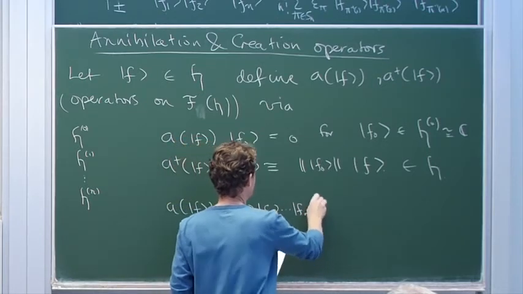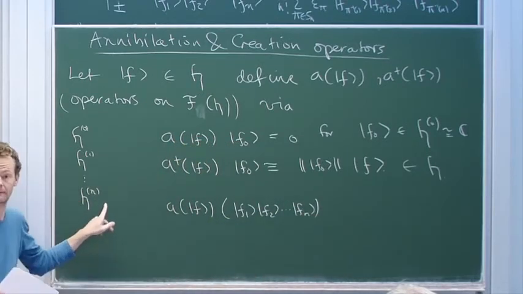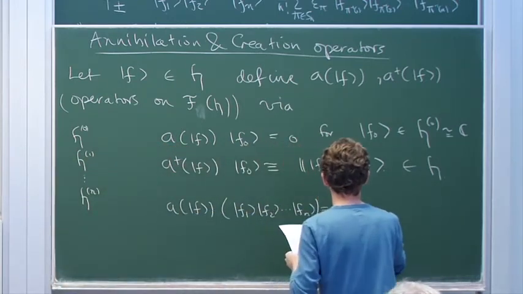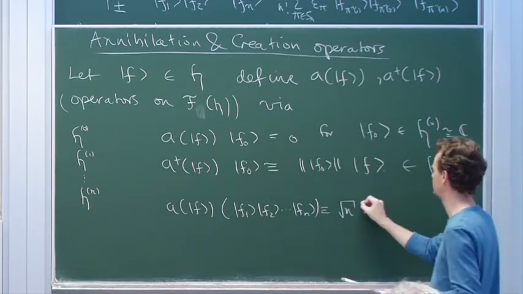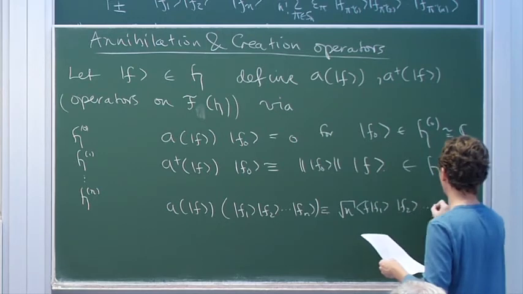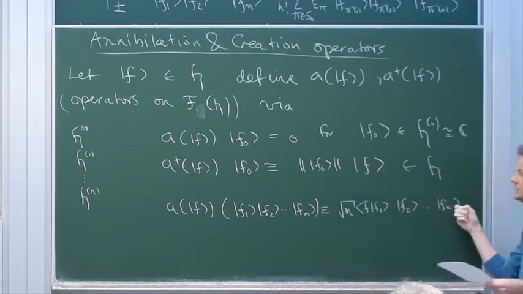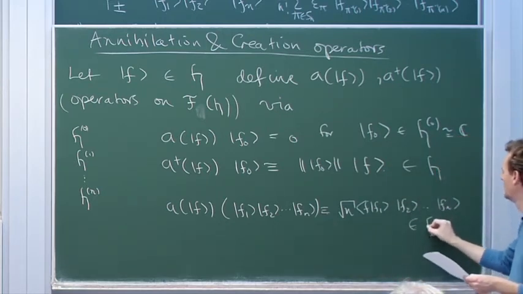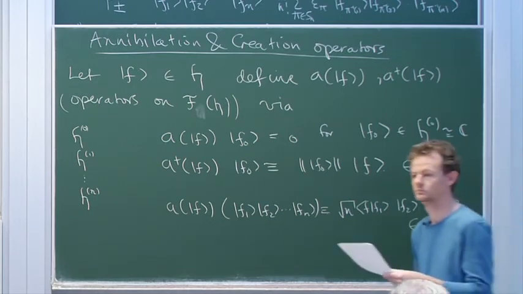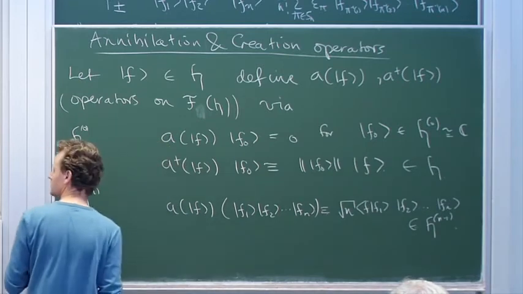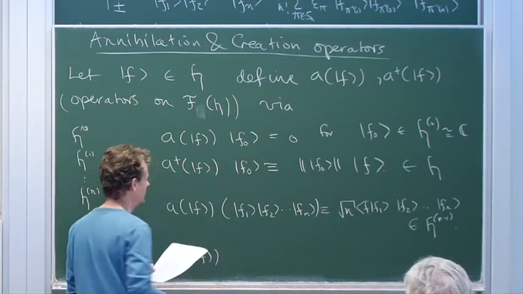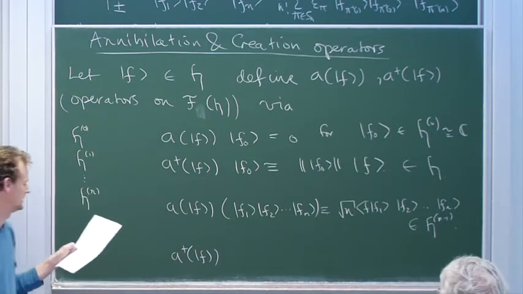So if you have a vector in the subspace Hn, how does A act? Well, this way, square root of n. Now it should start to look kind of familiar. And it gives us an element of Hn minus 1. Similarly, what happens if you do a dagger on an element of Hn?